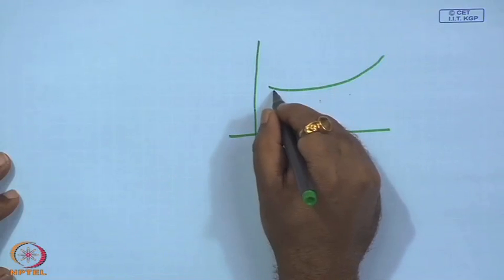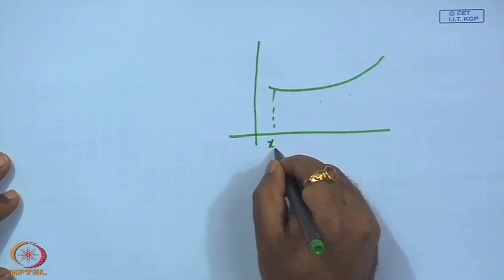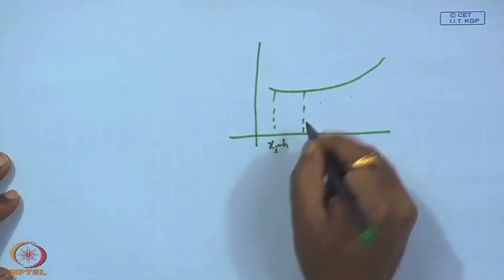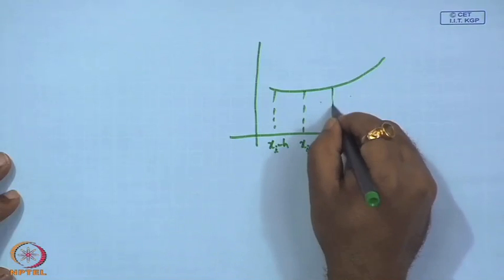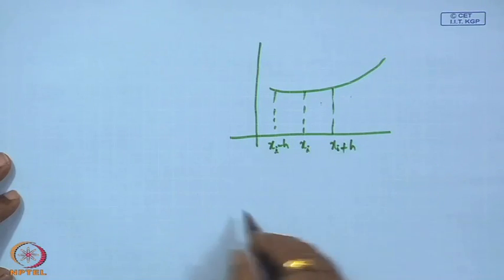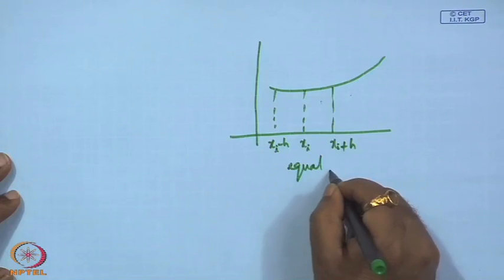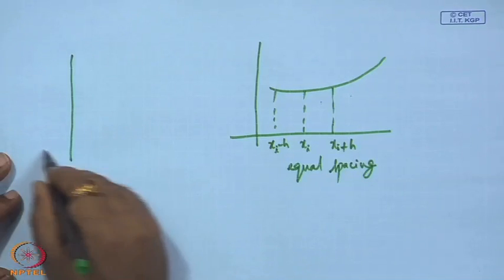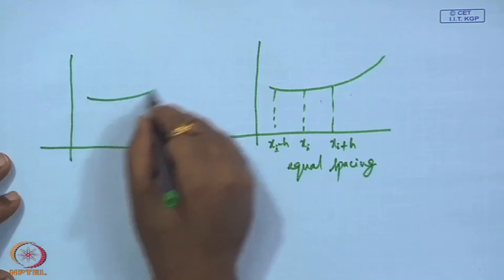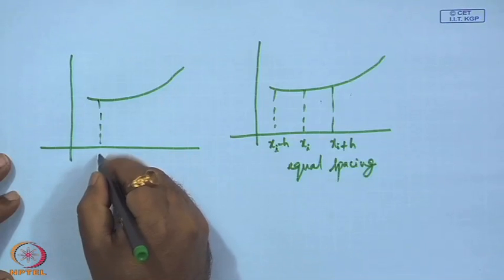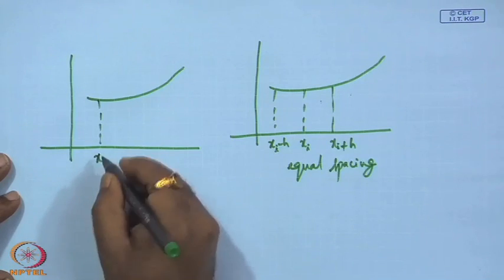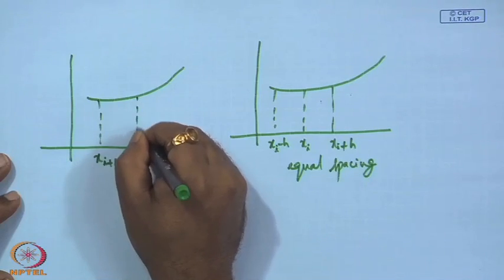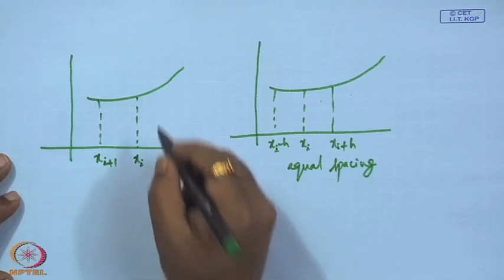So, say this is x_i minus h, then this is x_i. So, this is x_i plus h. So, this is for equal spacing. Suppose we denote it by x_{i+1} and this need not be equal spacing.